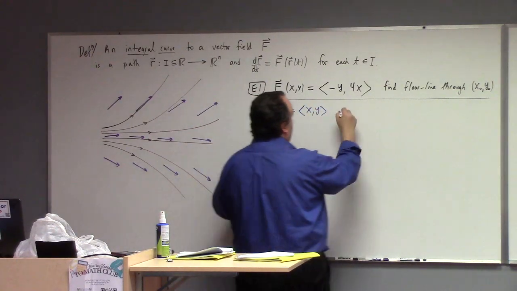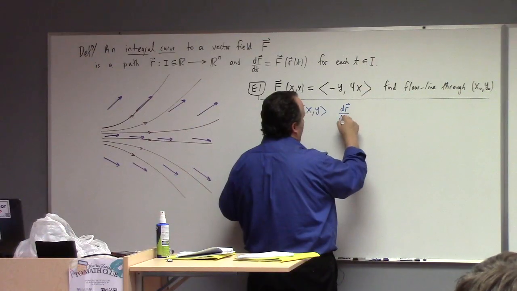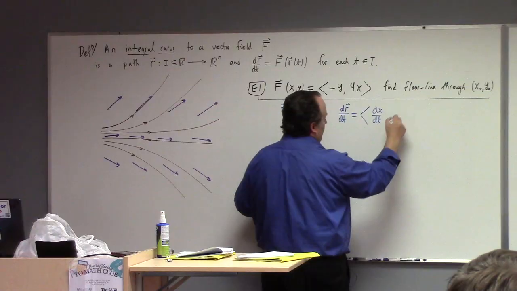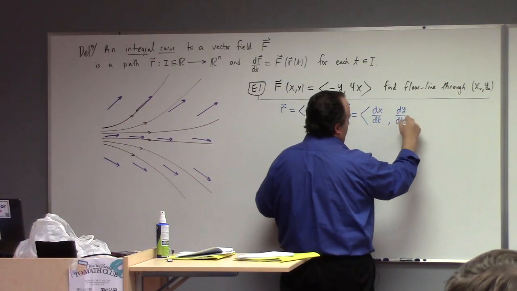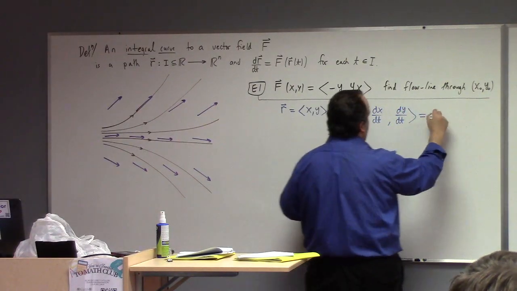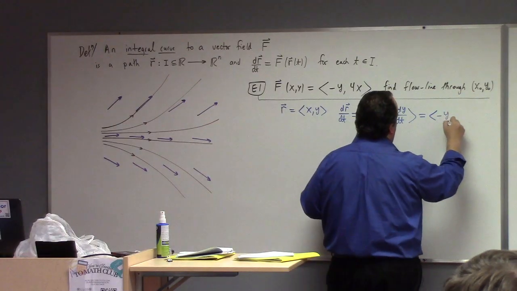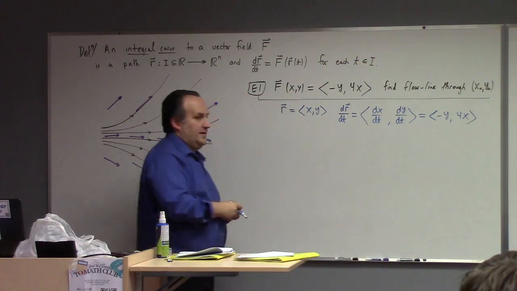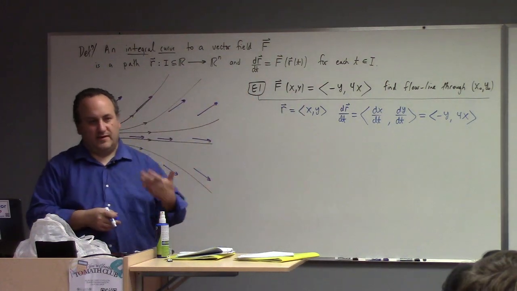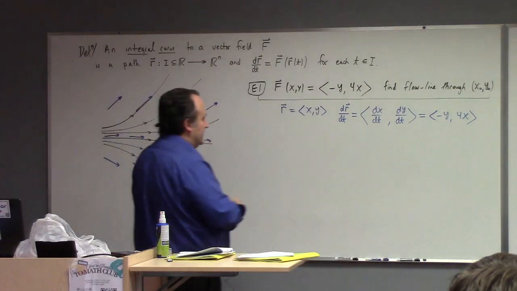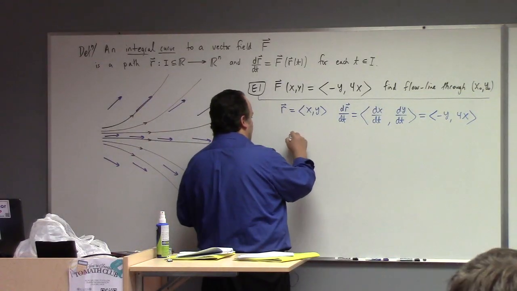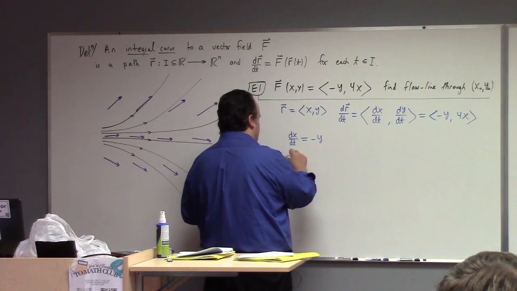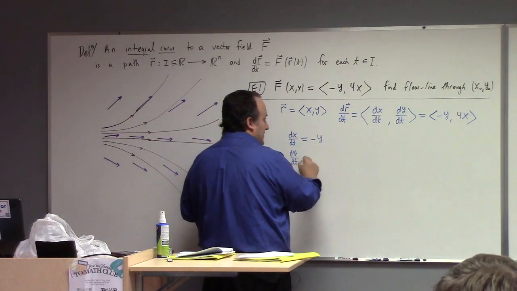So if I look at that, my dr/dt is then (dx/dt, dy/dt), and I want that to be equal to (-y, 4x). And so what are we up against? Well, we're up against a system of differential equations: dx/dt equals -y, and dy/dt is equal to 4x.